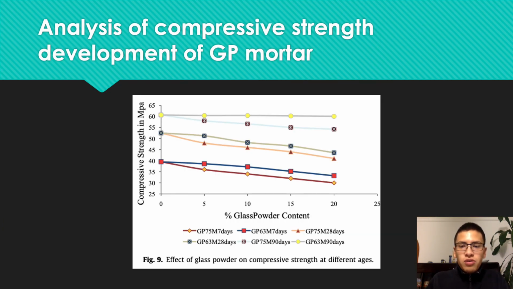In the table below, you can see the progressive strength of the GP63 mix is better than the GP75 mix compared to the control mix. This mix expresses a compressive strength well below, but it exceeds the minimum mortar resistance.